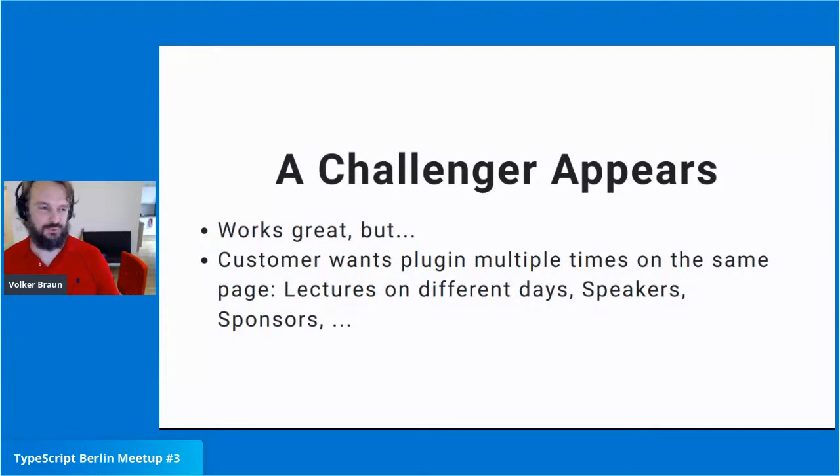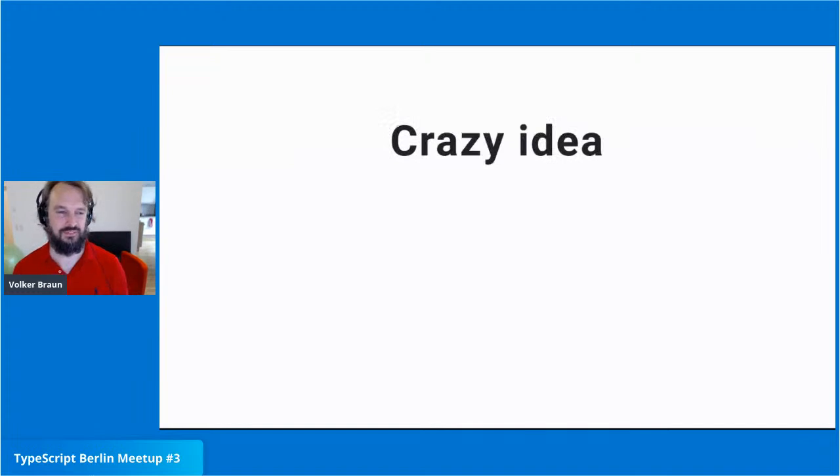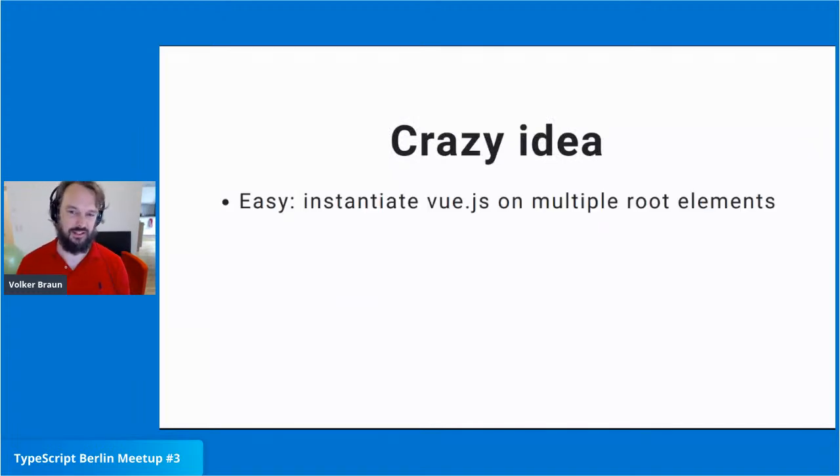And that's of course a challenge. What do we do? The easy part is Vue.js: you can just instantiate it multiple times. You want Vue.js with multiple roots, great, no problem.